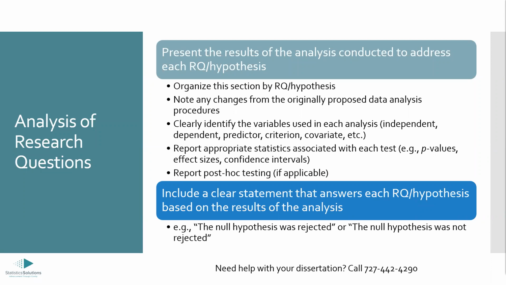And very importantly, for each analysis, for each research question or hypothesis, you will want to include a clear statement that answers that research question or addresses the hypothesis, whatever the case may be. So if you have your hypotheses stated in null and alternative format, then you may want to include a statement like, the null hypothesis was rejected if you had significant results, or the null hypothesis was not rejected, or you failed to reject the null hypothesis, if your results were not significant.